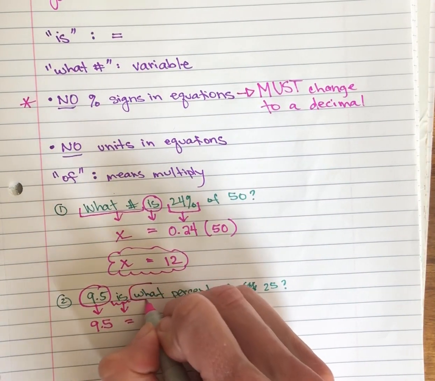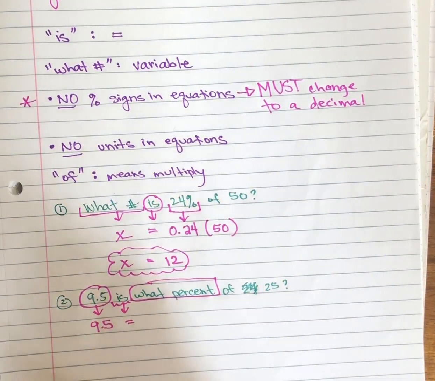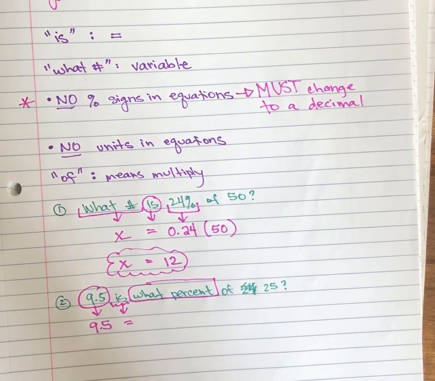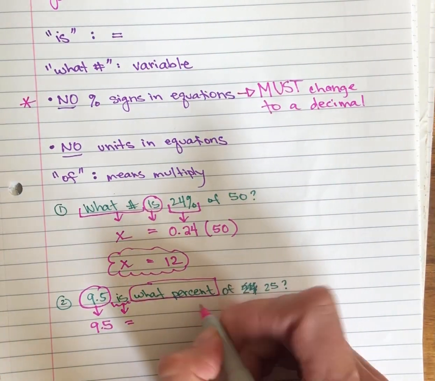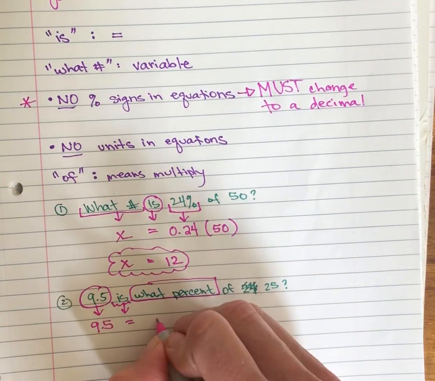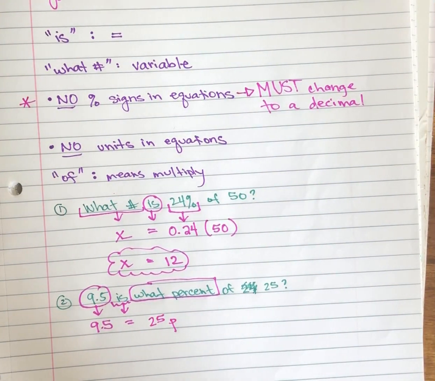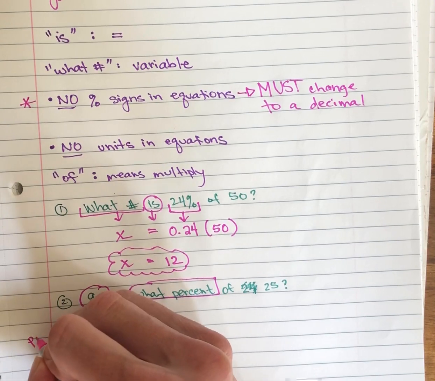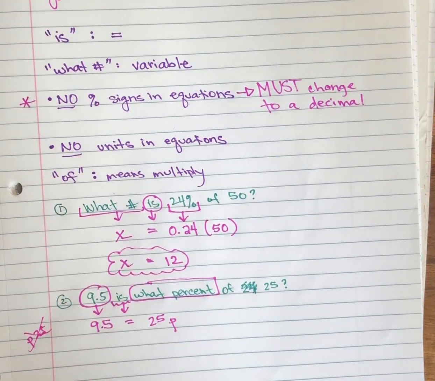What percent? Okay. If we don't know what the percent is, I would represent it with the variable P, and I'll tell you why in just a second. Of means multiplication, 25. So 25 and then P. Don't put the variable first in an equation. So if you wrote it like this, P25, that's not how we write it in algebra, okay?